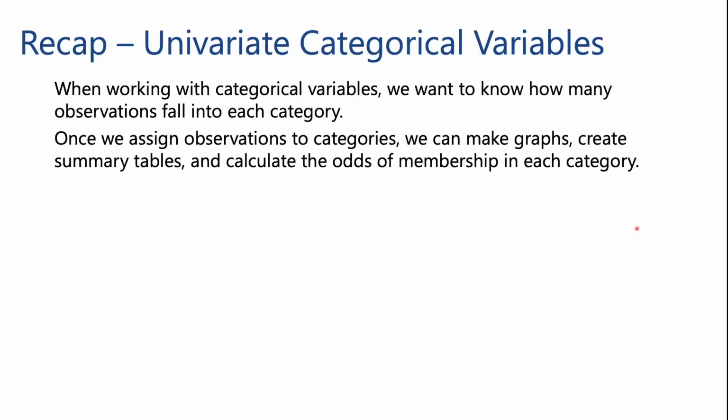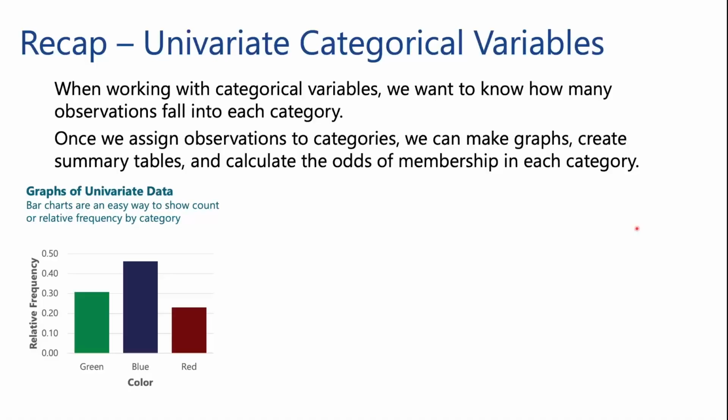So just to recap everything, when working with categorical variables, we want to know how many observations fall into each category. Once we assign observations to categories, we can make graphs, create summary tables, and calculate the odds of membership in each category. The important things that we covered today are how to present our categorical data with an example showing univariate graphs, graphs with just one categorical variable shown at a time.